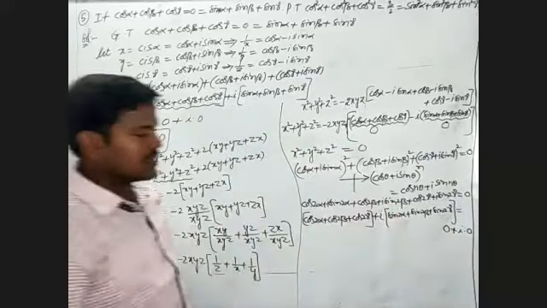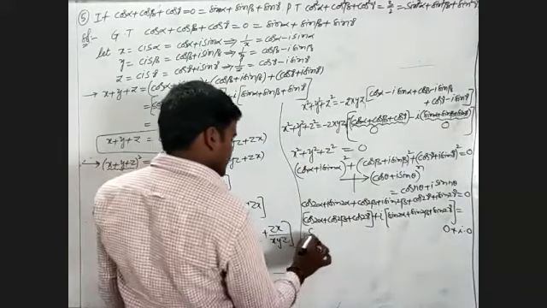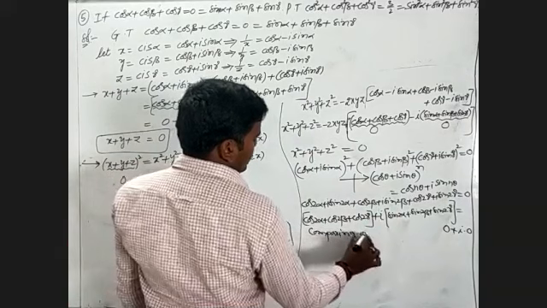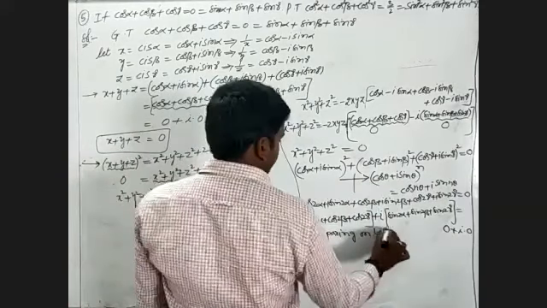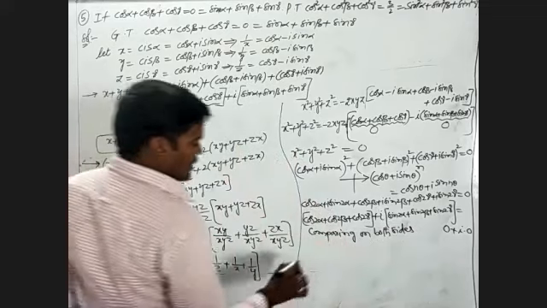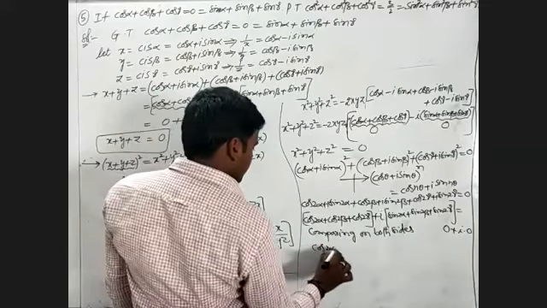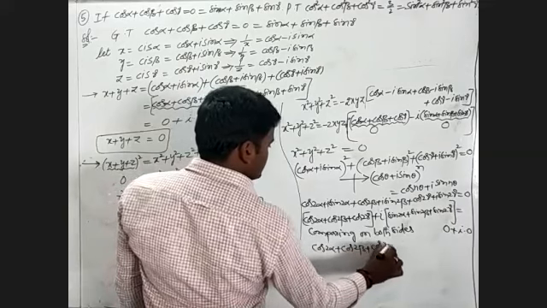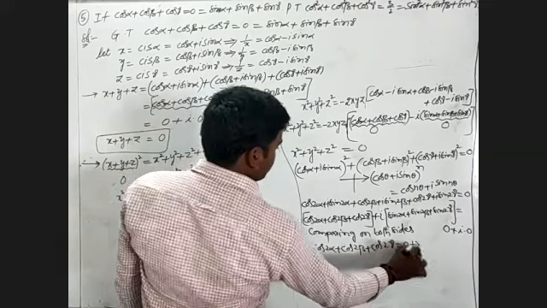Comparing both sides, we have cos 2 alpha plus cos 2 beta plus cos 2 gamma is equal to 0.